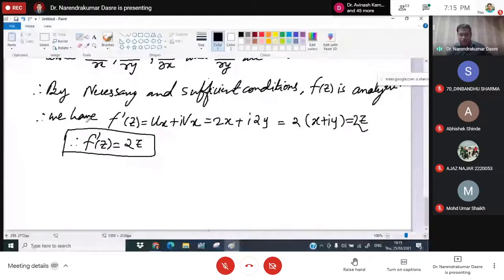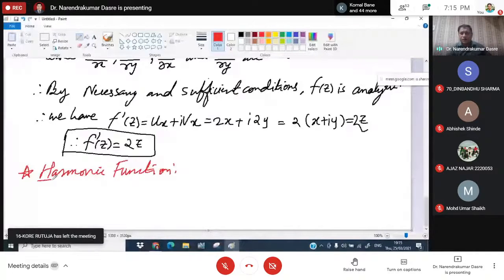Now once you have understood the analytic function, we need to understand the next concept: the harmonic function. Here we have seen the first order derivative of f of z, and first order derivatives of u and v.